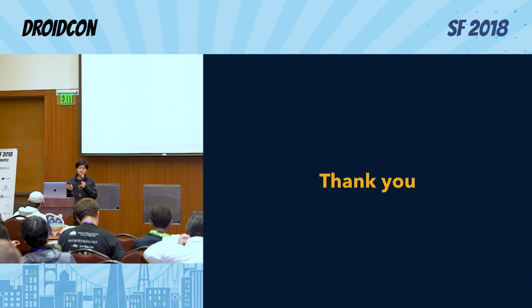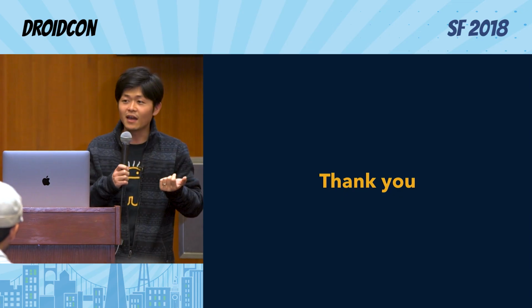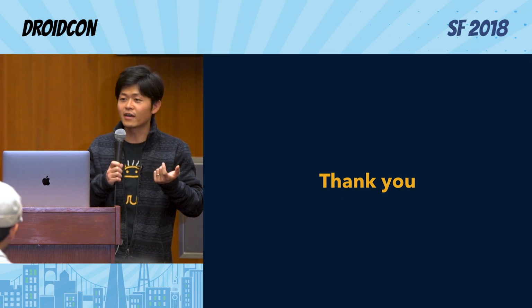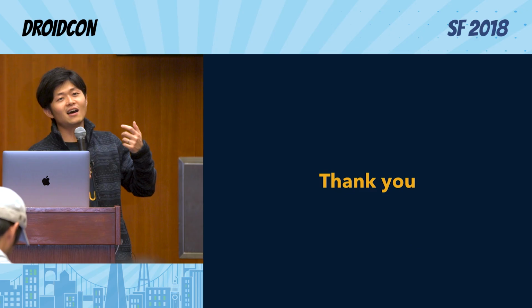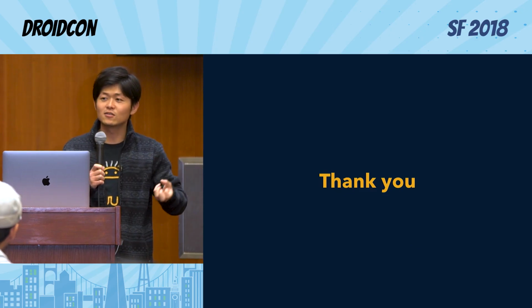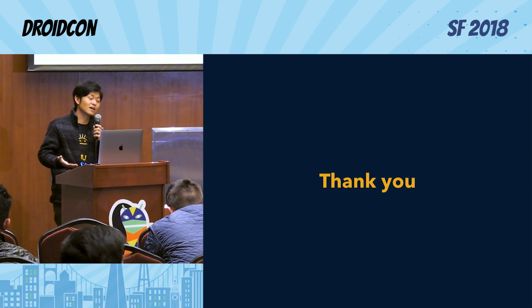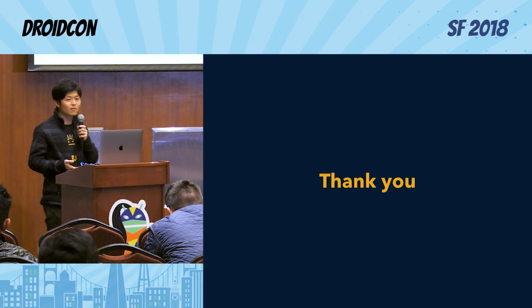I went to Android Dev Summit 3 weeks ago, and I asked the Android Dev team if there's any plan to include the Camera2 API into Jetpack. And they said yes, they're planning to do that, but it's still on its way, and it might take like a year to actually include it as a part of Jetpack. So once that's out, it might be much easier for us to use it.